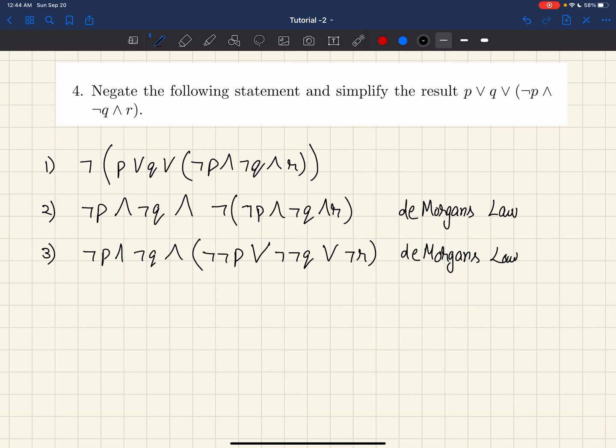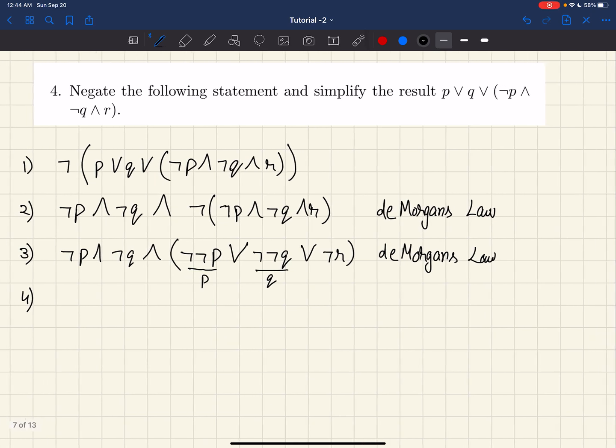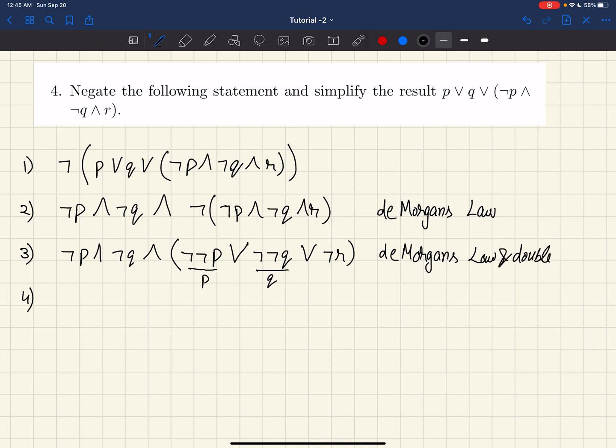So your fourth step here is reducing these, not of P as P and not of Q as Q. So you could have written it in a single step, but it would be better to mention here that you are using the double negation law.